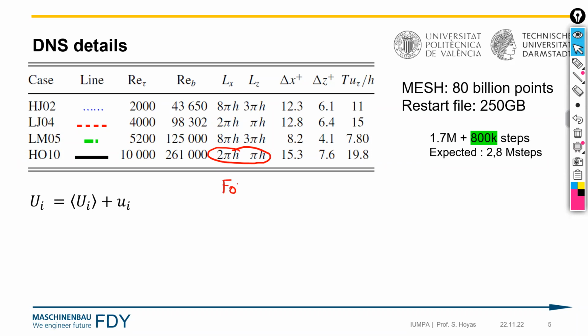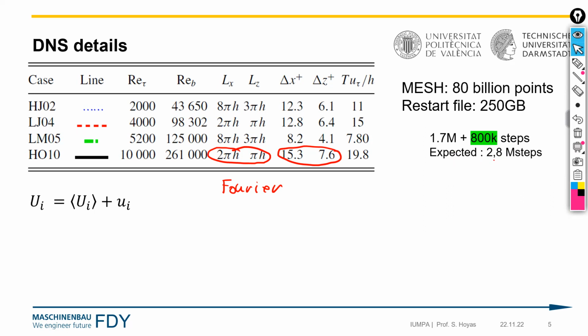Because we are using Fourier. This is the cell size in X and Z, and what we see here is that our simulation is basically as big as any other very big simulation ever made. We are running this simulation for approximately 2.5 million steps right now, and we expect to run it for 2.8 million.